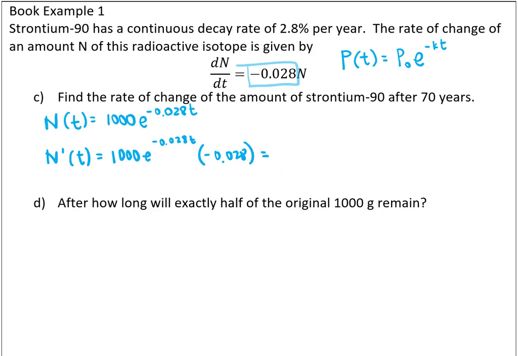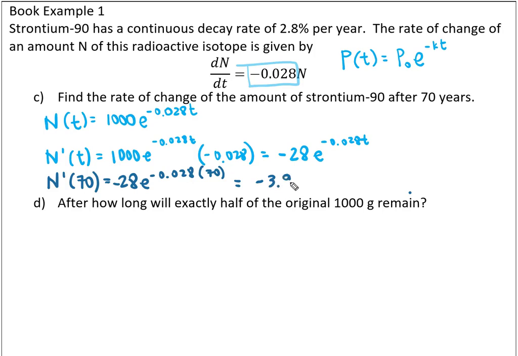Multiplying that out gives me negative 28 e to the negative 0.028t. And then we want to find N prime of 70, negative 28 times e to the negative 0.028 times 70. Let's use our calculators to find that number. I get negative 3.944.